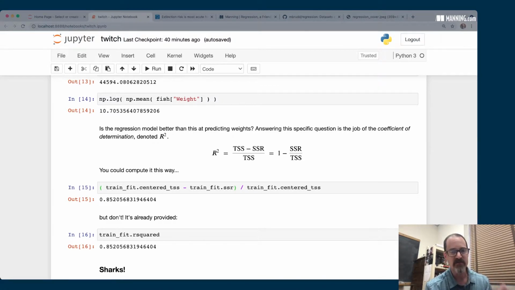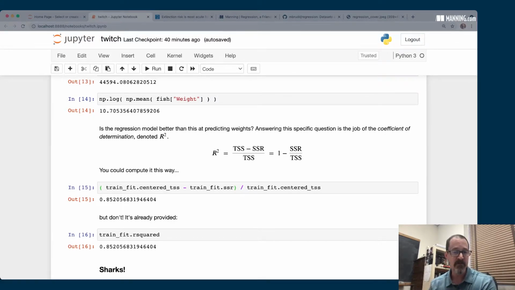Okay, so the total sum of squares: for every observation, you see how it differs from the average of all the observations. So for each observation y, you compare it to the average of all the y's, y bar, and you compute the sum of (y minus y bar) squared. Add them all up. That's the TSS, total sum of squares. The sum of squared residuals is similar, but now you compare to the linear regression equation.